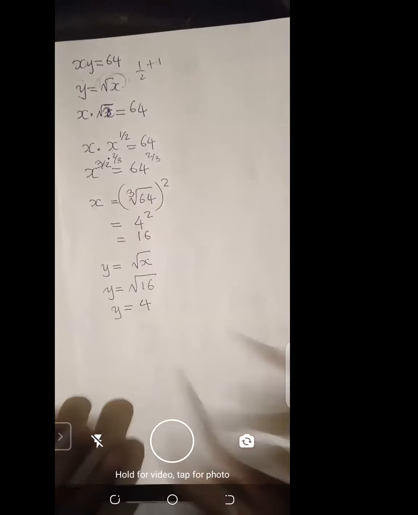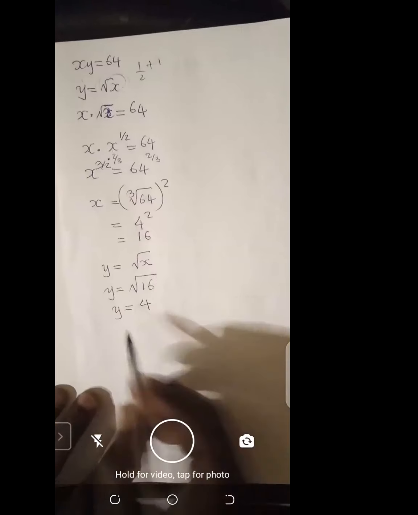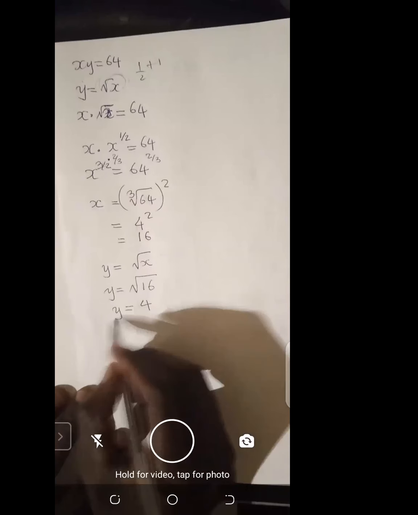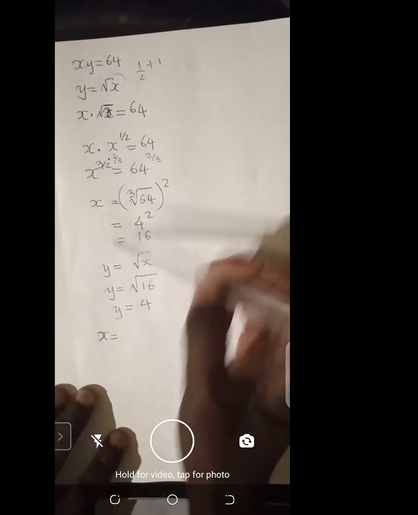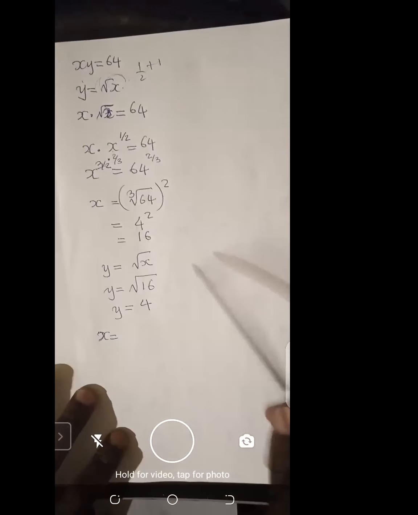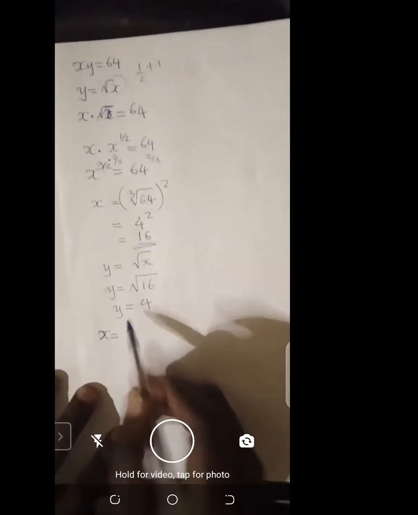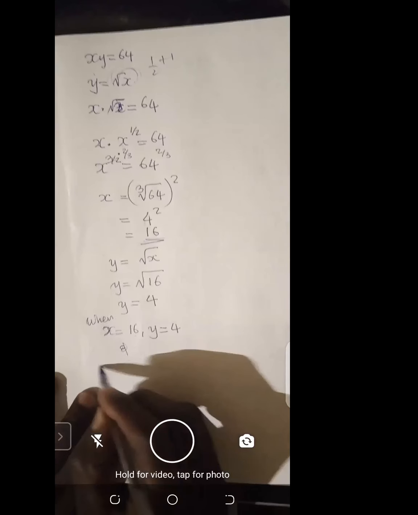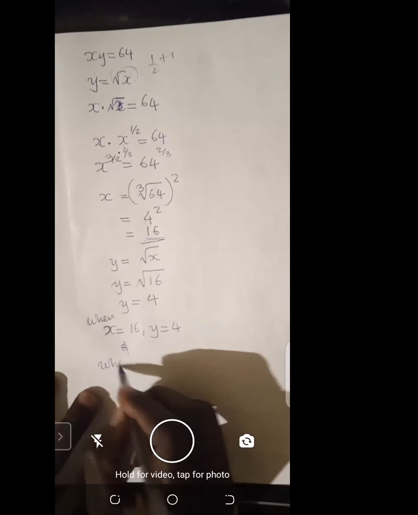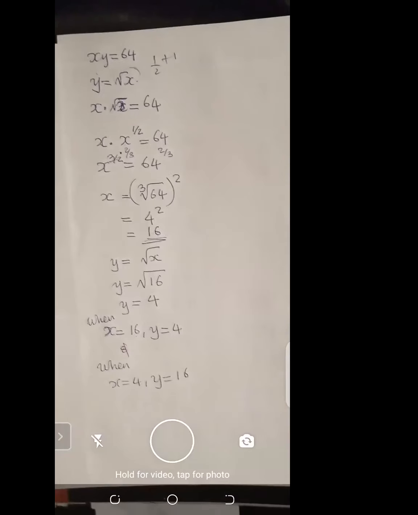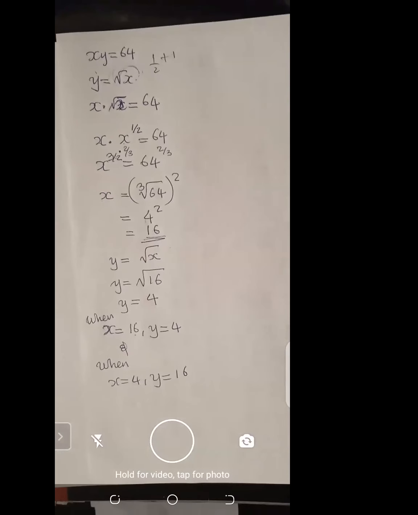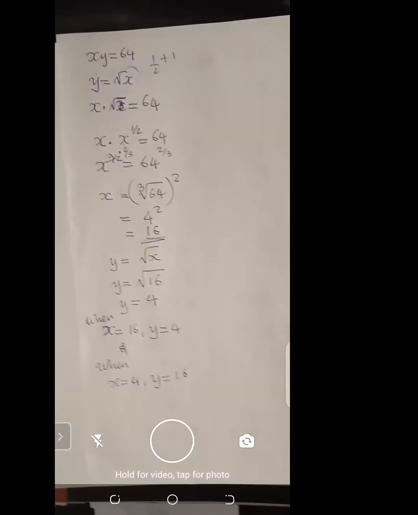So when x is equal to 16, y is equal to 4. And the other one, when x is equal to 4, y is equal to 16. So those are the values of x and y, and you rest your case there.